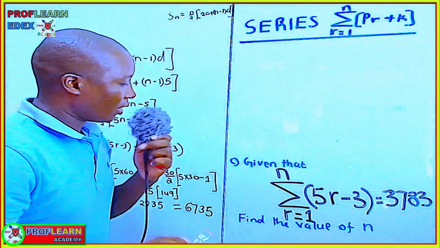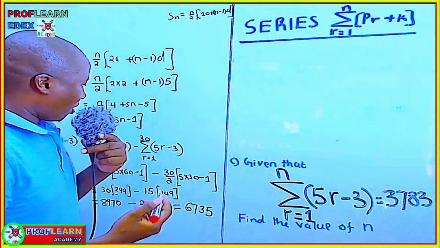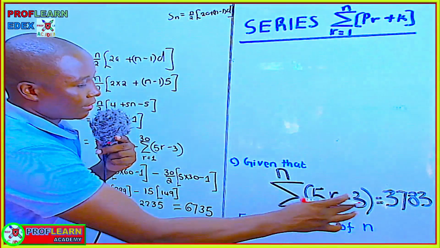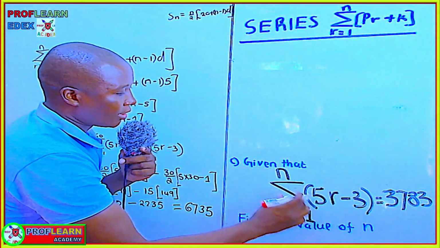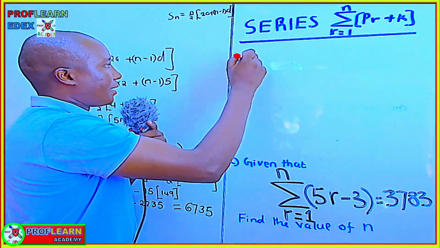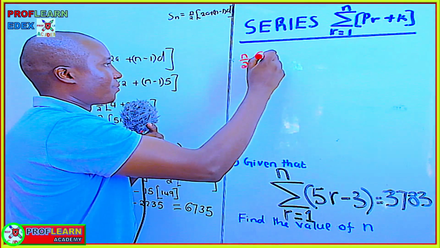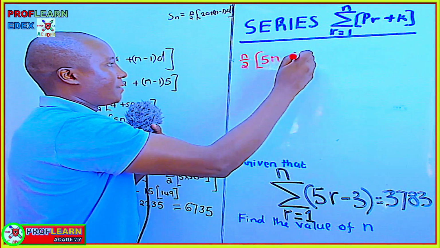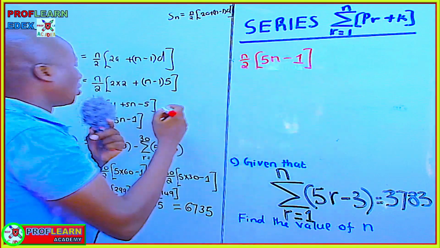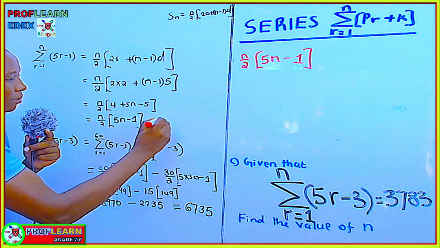So in this case, we already know that the summation from 1 to n is given by n over 2 into 5n minus 1. We have already shown that at this given point.